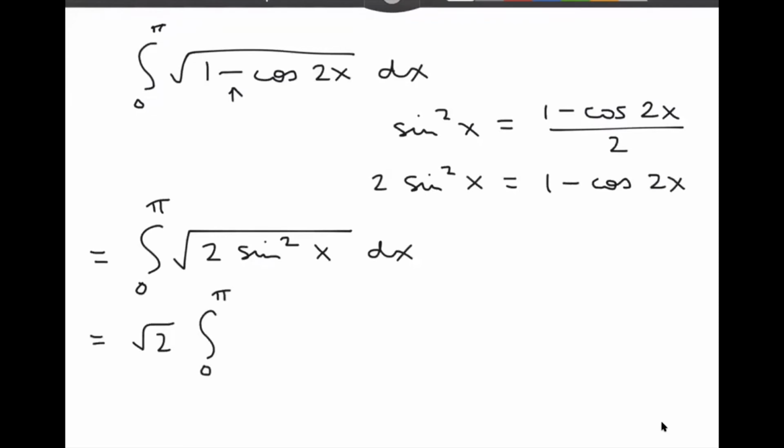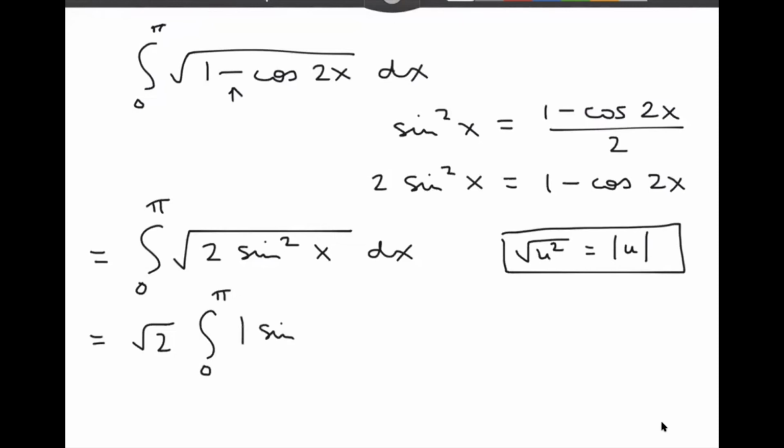In general, remember that the square root of u squared, I think we talked about this once, is the absolute value of u, all right? So until I see what's going on with my limits of integration, I'm going to write that as absolute value sine x.